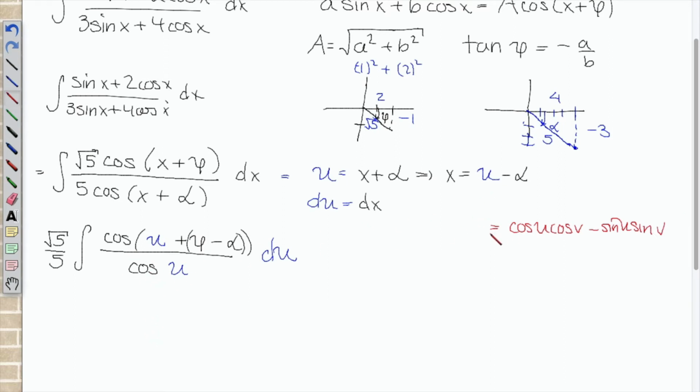Because we're also dividing by an individual cosine, we can split this.